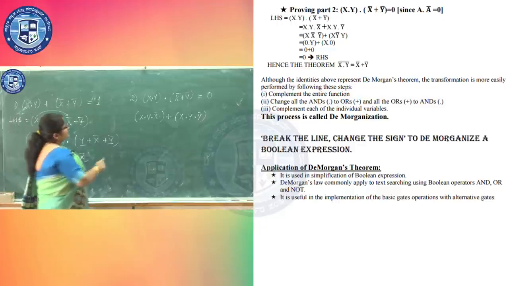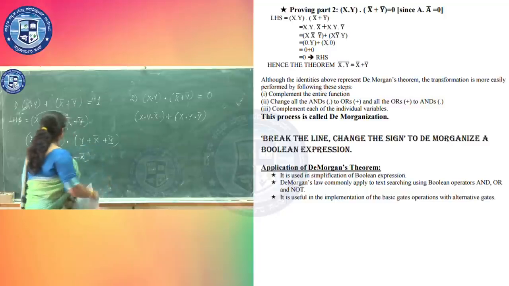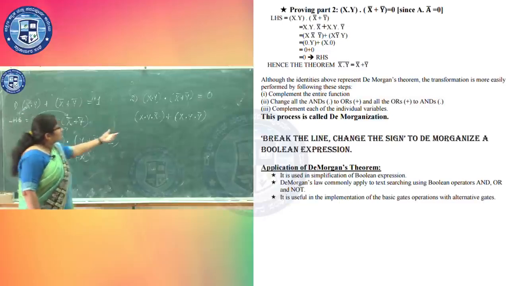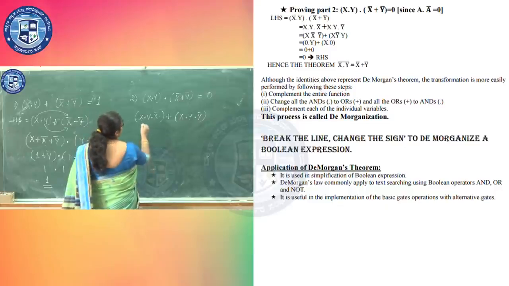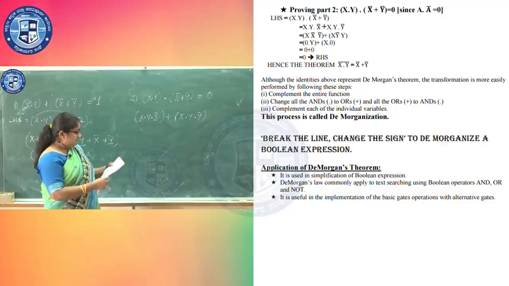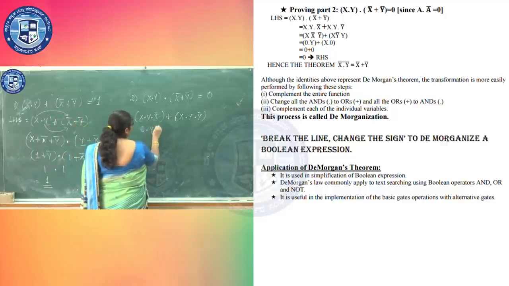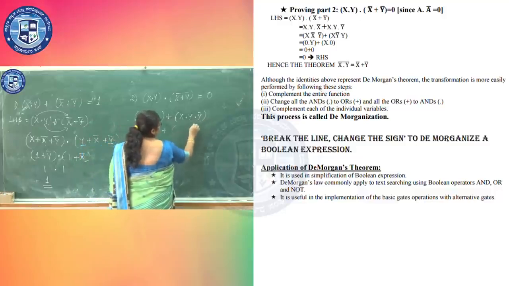The only difference here is that there we are having the OR sum, and here we are having the AND products. Next, x into x dash is nothing but 0, 0 into y plus y into y dash is 0.